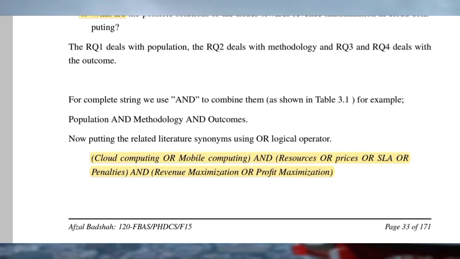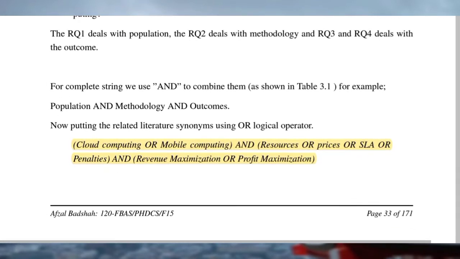If there are synonyms, for example, I am using cloud computing and also mobile computing, these are synonyms, then I will concatenate these with the OR operator. And the other keywords from the population, methodology, and outcome are concatenated with the AND operator.